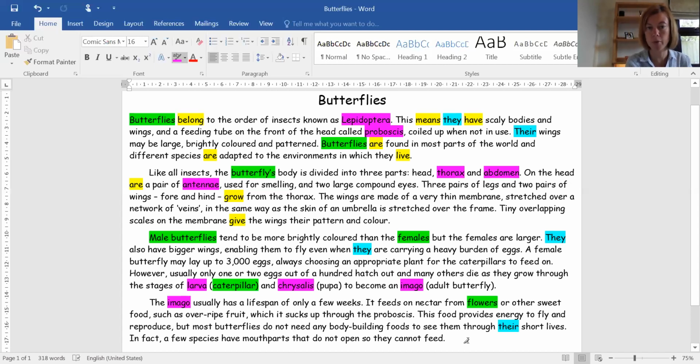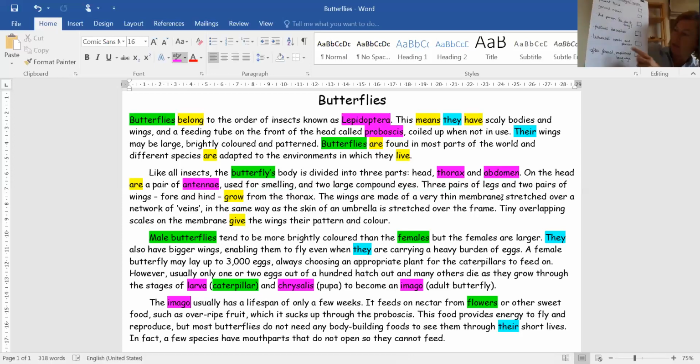So there are some examples for you of technical language, technical words and phrases. I'm sure there are some more in there. Yes, I can see membrane, and there might be some others as well. So those are the very specific scientific words about butterflies. That is our technical language, technical words and phrases. And we can tick that off because they are in our example.